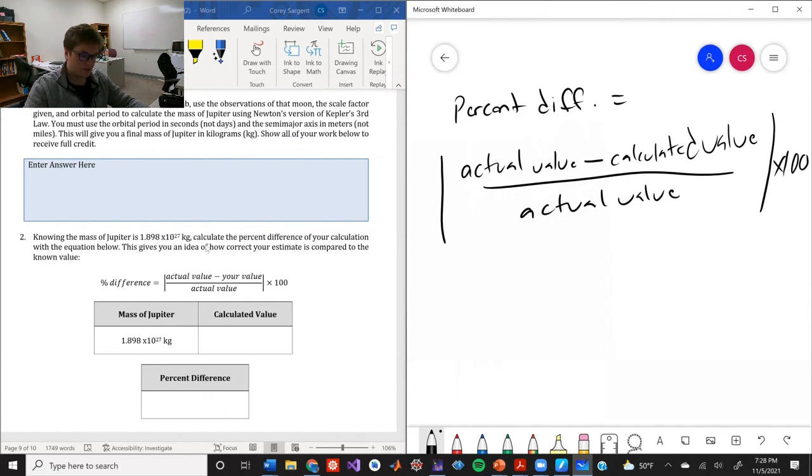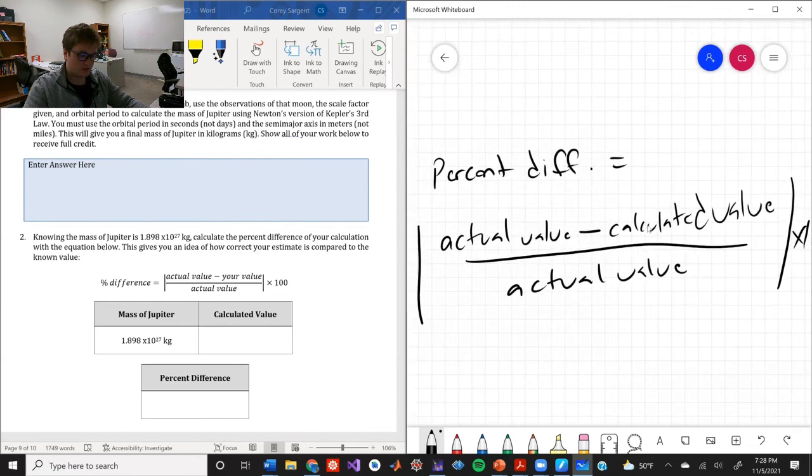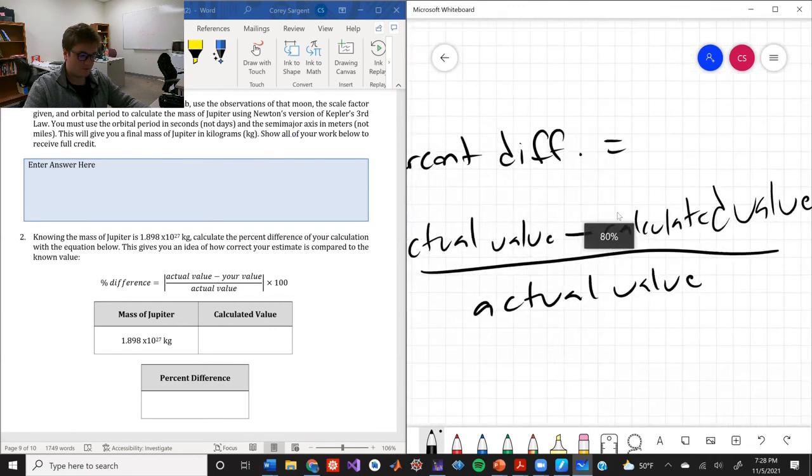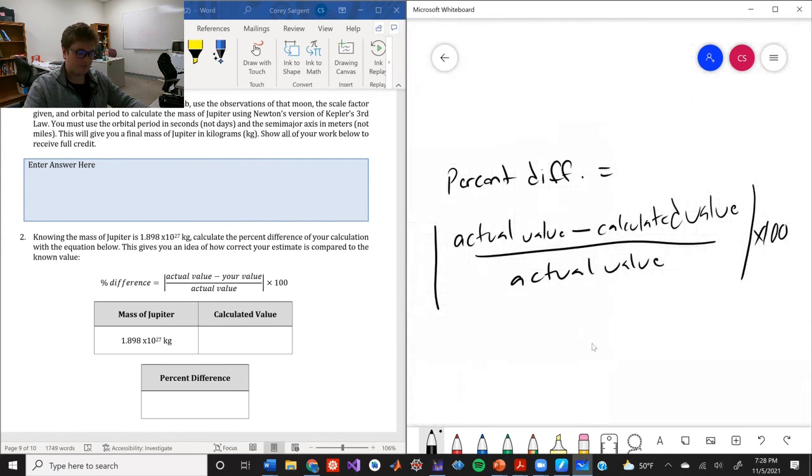Your actual value is given to you. It's the 1.898 times 10 to the 27th. That's this value right here. Your calculated value is what you found here.